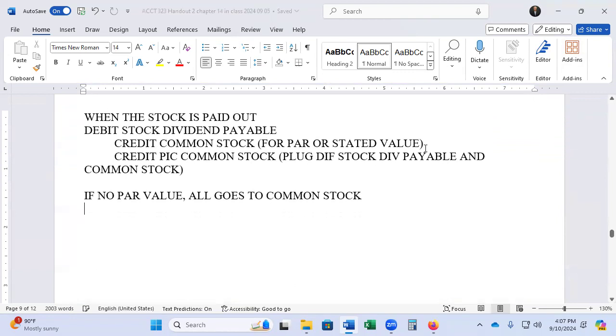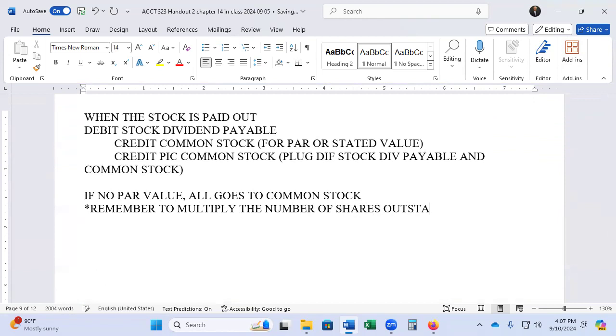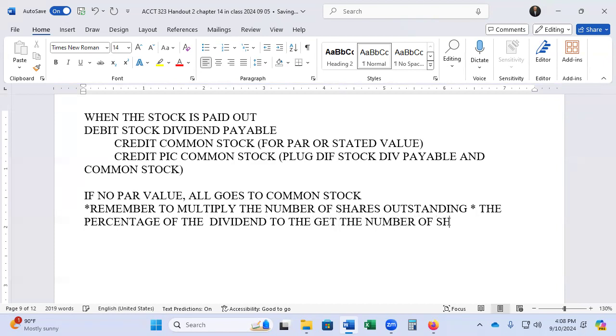A couple things to just remember here. Remember to multiply the number of shares outstanding by the percentage of the dividend to get the number of shares to be included in the dividend.